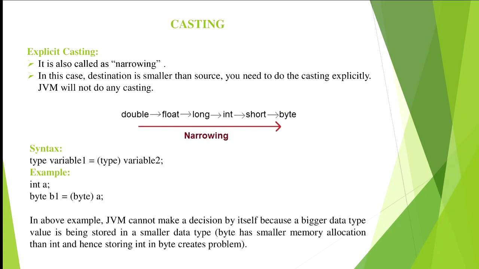Again here I take the same example, the two variables a and b1 of the type integer and byte, and I use byte b1 = (byte) a. Why did I use explicit casting here?